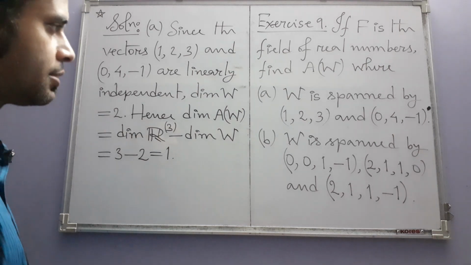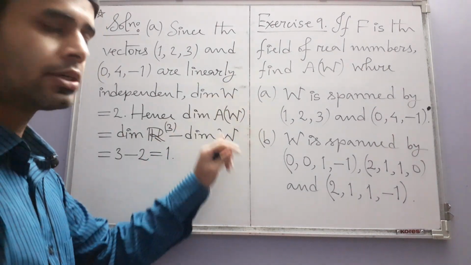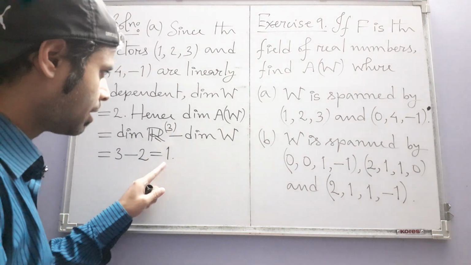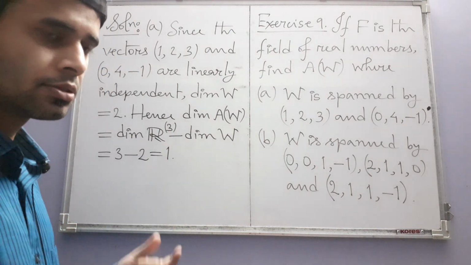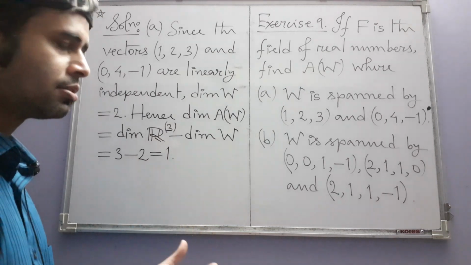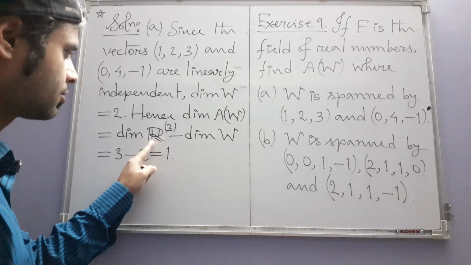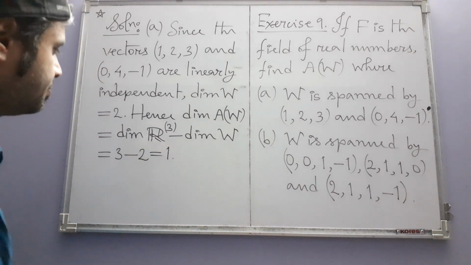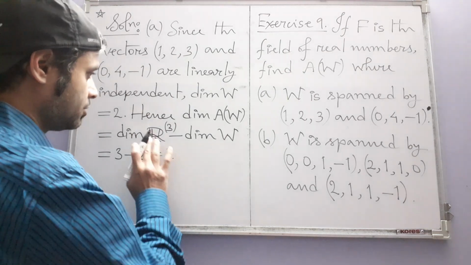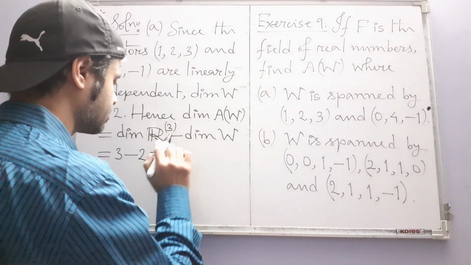So in the dual space of R3, that's where this annihilator is a subspace, so it's a one-dimensional subspace. So it will be spanned by a single non-zero vector, that is a single non-zero linear functional in this, which of course belongs to the annihilator of W, not just any linear functional.